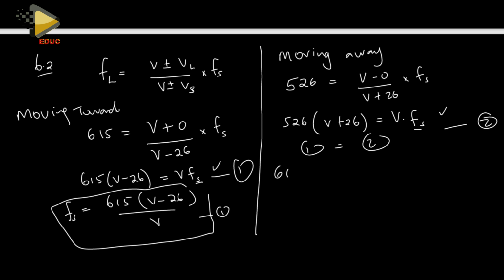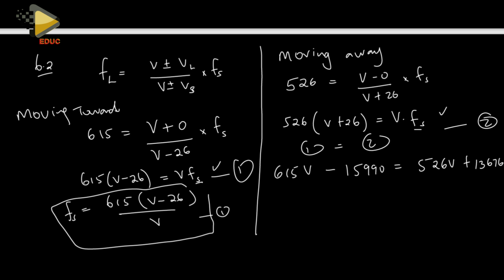It's going to be 615V minus, we have 615 multiplied by 26. That gives me 15990 is equal to 526V plus, that is 26 times 526, which is 13676.